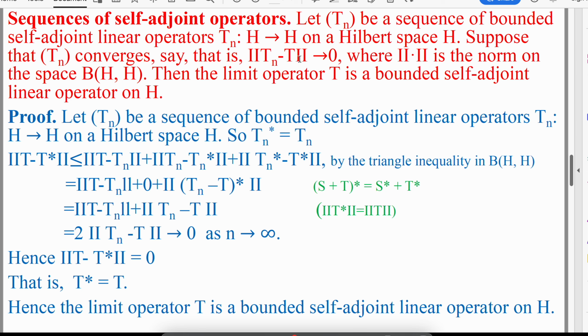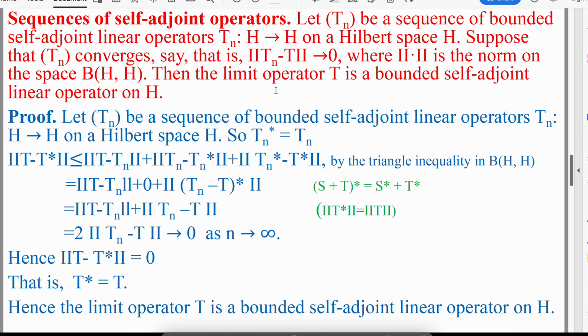Here T is the limit of the sequence, because this sequence converges. Suppose it converges to T, then the limit operator T is a bounded self-adjoint operator on H. We have to show that T is a bounded self-adjoint linear operator on H.